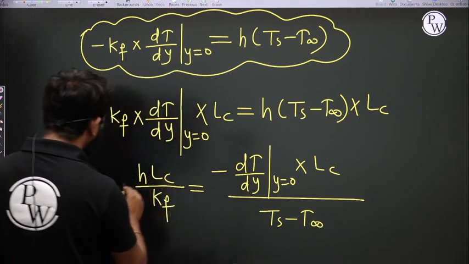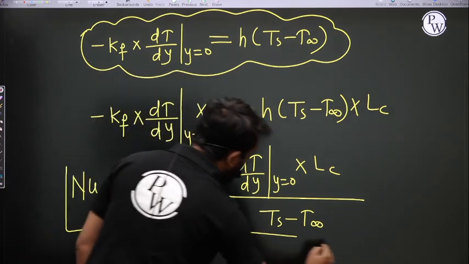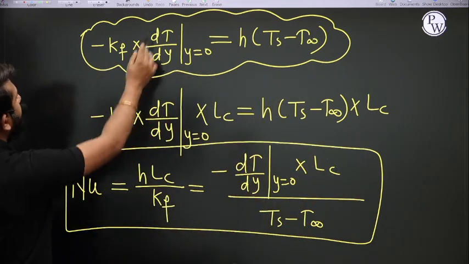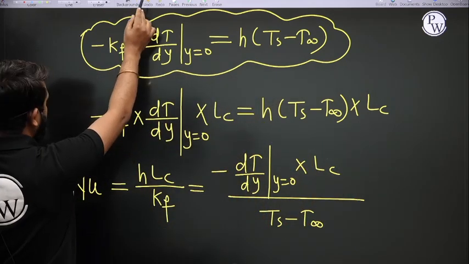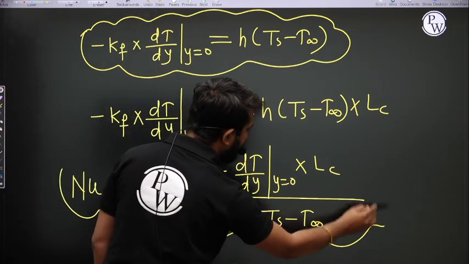And this hL_c by k_f is nothing but the Nusselt number. So you can say this is the mathematical expression of the Nusselt number also. Okay, this is the Nusselt number.